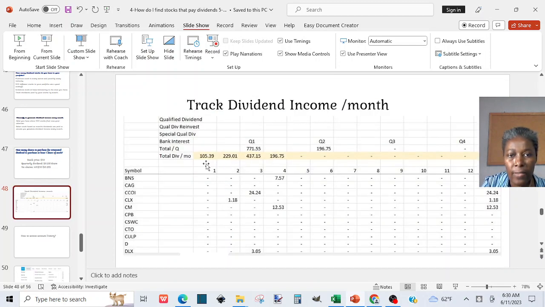So if you notice that some month you get less dividend, then you will see companies that pay you within that month to see when you have money to invest.